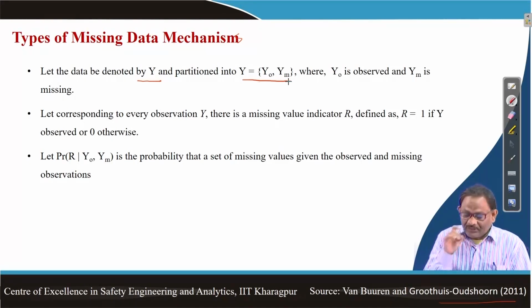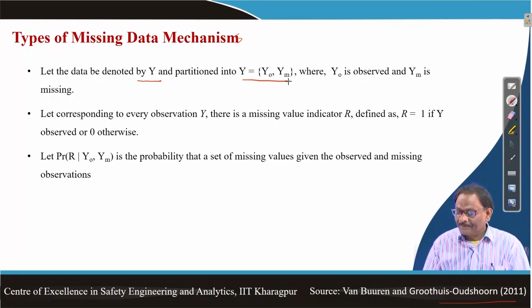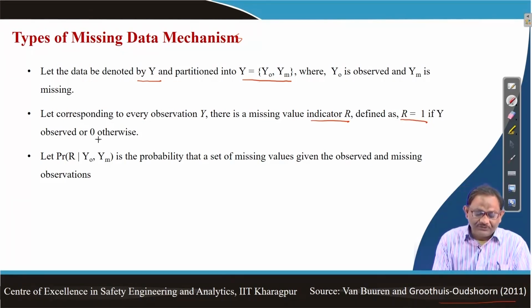And you have seen that we have shown the missingness pattern where we put 1 and 0. So we created an indicator variable r and we put r equal to 1 if y is observed, or 0 otherwise.